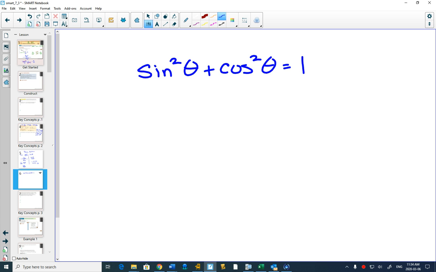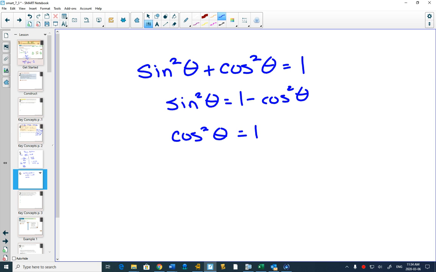So any single mental math thing that you do with this, for example, does it make sense that if I got sine squared by itself, it would equal 1 minus cos squared? So if you ever get a proof that has a 1 minus cos squared theta in it, you could change it to sine squared theta. And if you ever had a proof that had 1 minus sine squared theta, you could change it to cos squared theta.